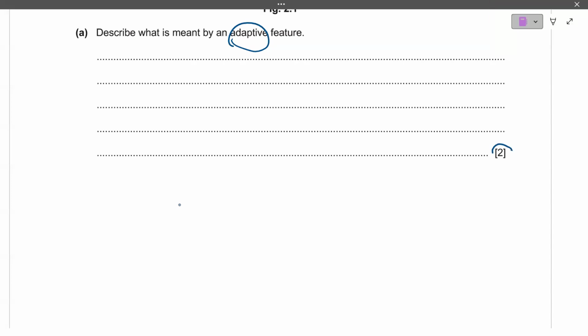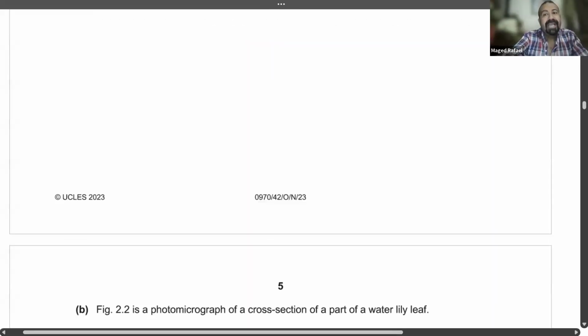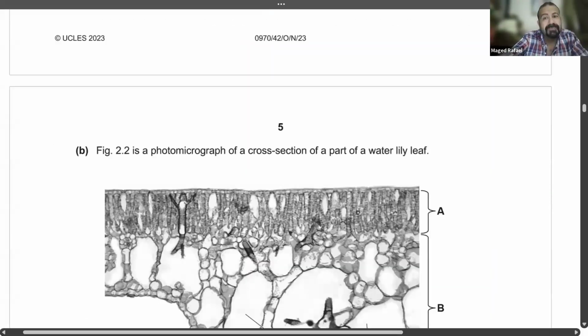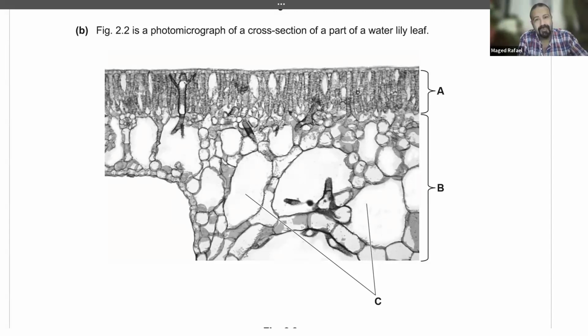So I need to think about the 2 marks in order to get my answer. And again, as we said several times, the 2 marks are awarded for the idea, not for the sentence. So 1 mark for the one word, inherited, and the 2nd mark for all that you wrote.